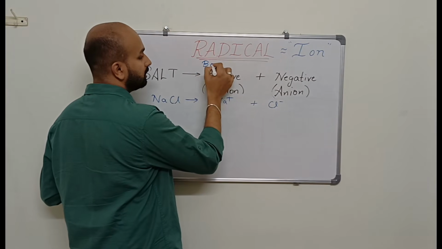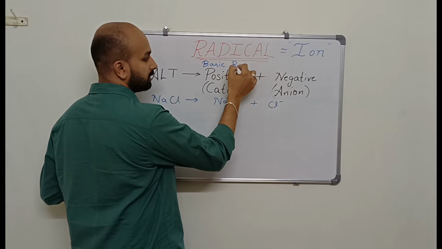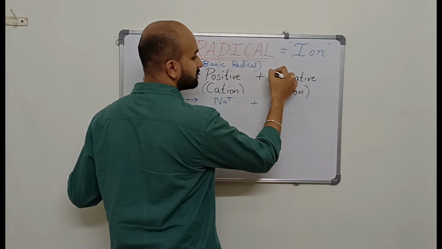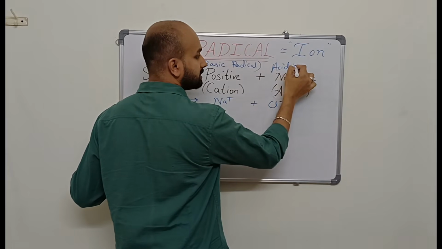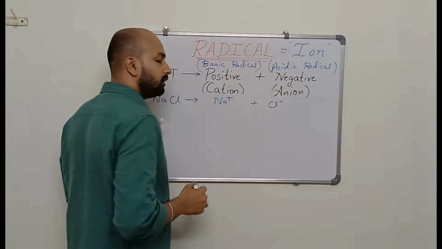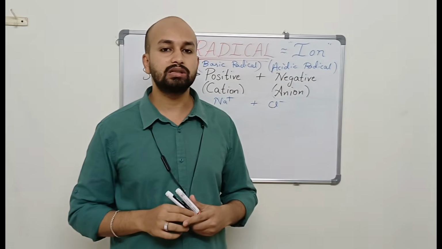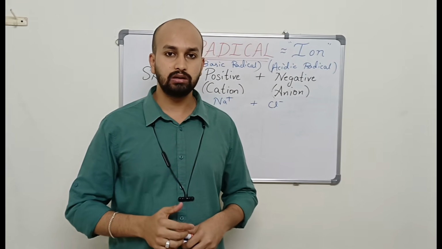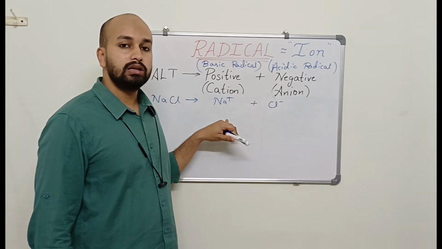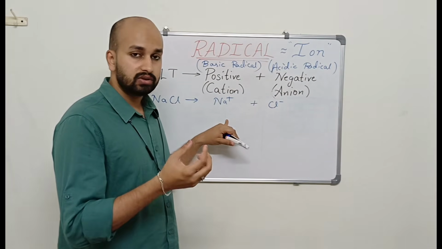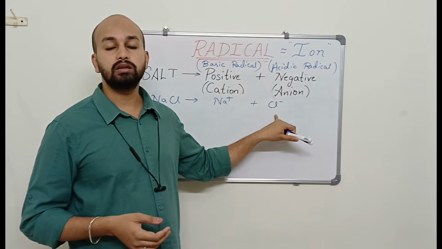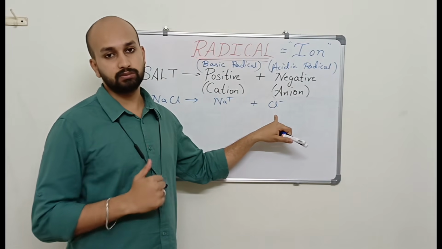It is a basic radical, keep this in mind, and Cl- is acidic radical. Now, why do we exactly call this basic radical or acidic radical? Because this basic radical is the particle which is obtained from a base, and acidic radical is a particle which is obtained from an acid.